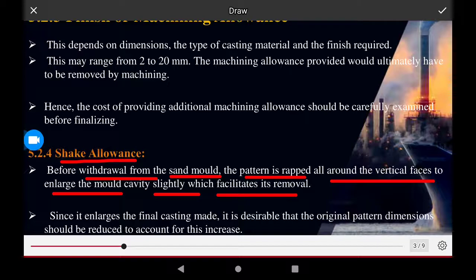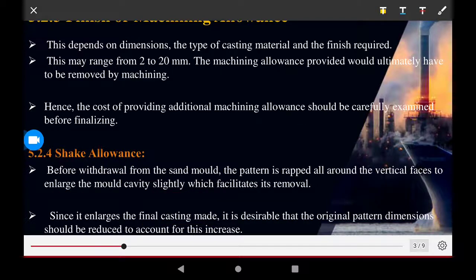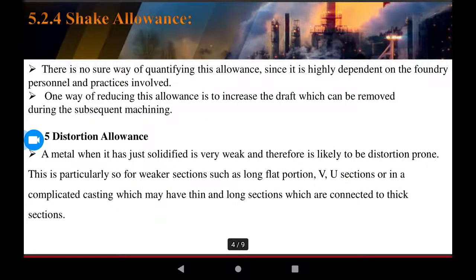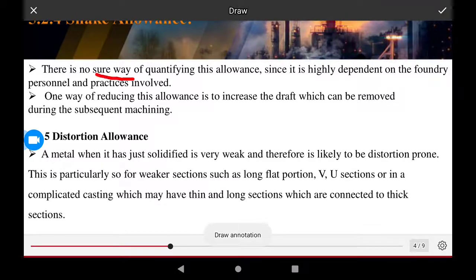Since this enlarges the final casting, it is desirable to reduce the original pattern dimensions by the amount of the shrinkage allowance. There is no simple way to quantify this allowance, since it highly depends on the molding personnel.